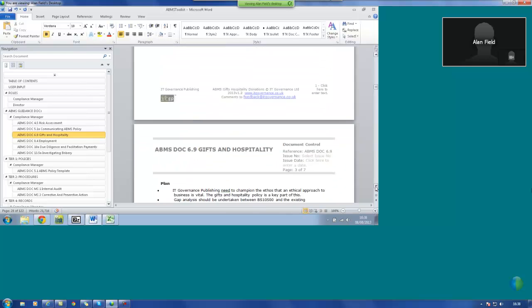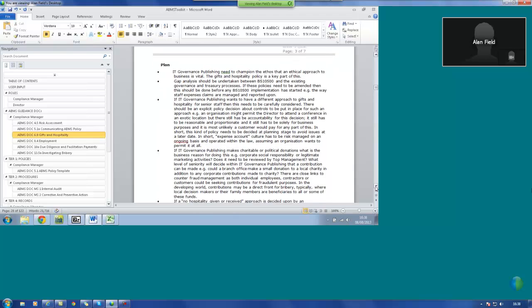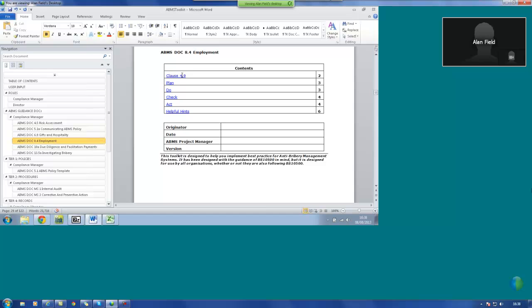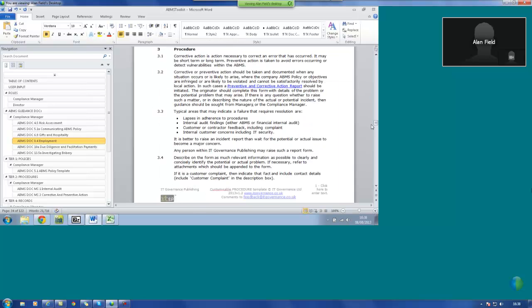And then, as you can see here, the plan, do, check, act approach. What we've tried to do with the guidance documents to show that this is a management system rather than a compliance system is to take the plan, do, check, act approach. And we hope that that's helpful to you in actually coming up with the management system implementation.